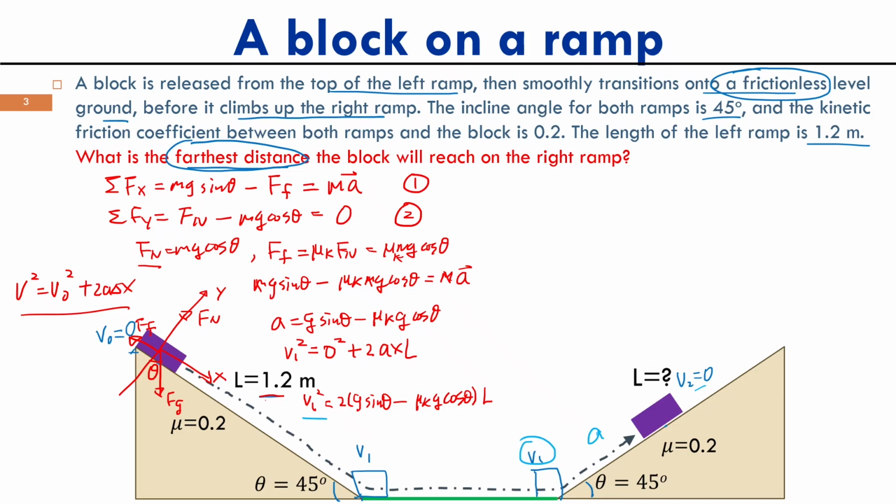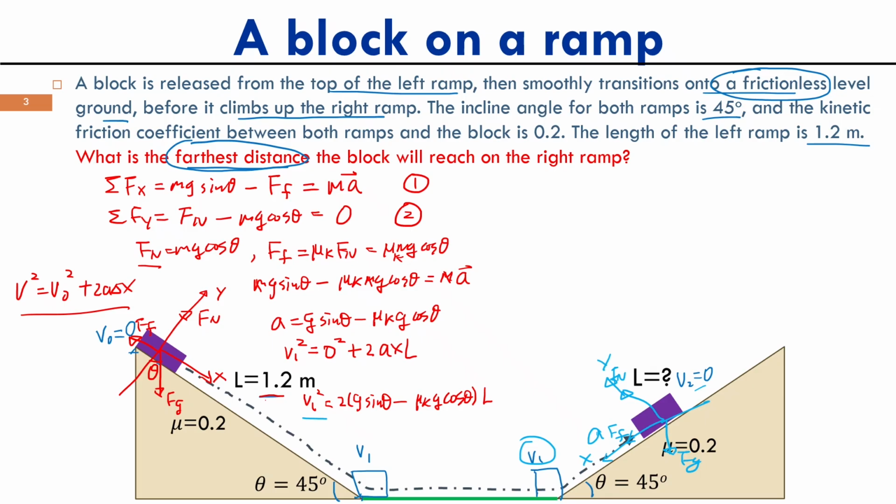Again, do the free body diagram. If I write down the gravity going down, the normal force perpendicular, and in this case, the friction is going down because the block is moving up. So you have kinetic friction here going down. Now I set this as my positive x, and this is my y.